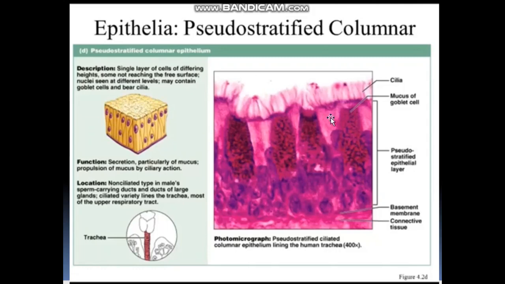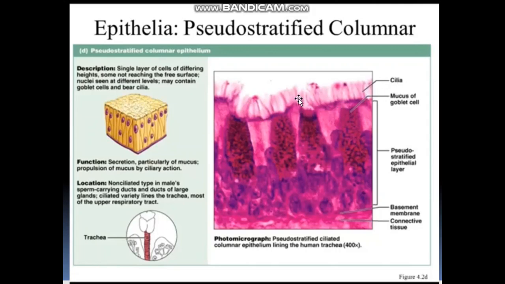The pseudostratified epithelia we can find in the lining of the trachea, primary bronchi, then epididymis and ductus deferens, then auditory tube, part of the tympanic cavity, nasal cavity, lacrimal sac, male urethra, and large excretory ducts. What we have to know here is that in most of those epithelia, on the surface of these epithelial cells, we will have cilia.